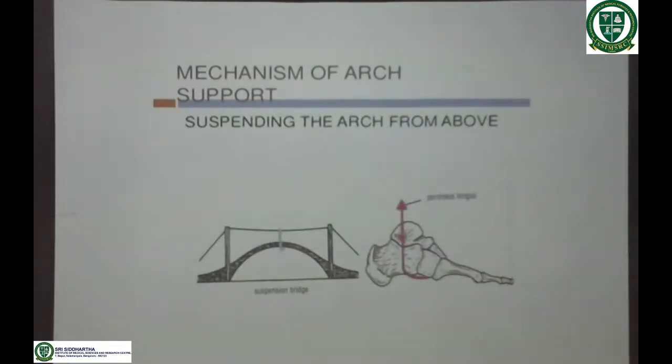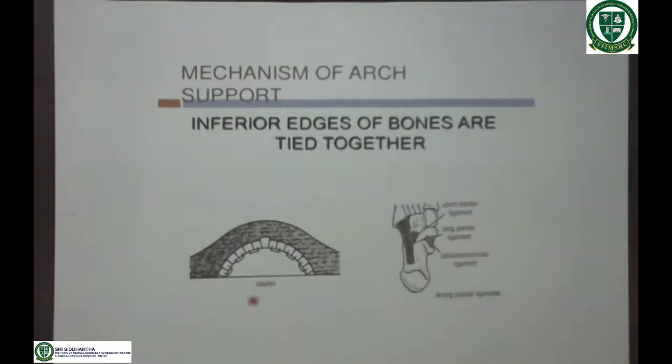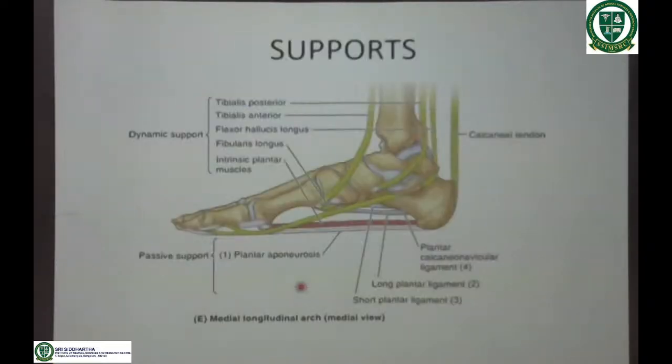Then the slings, then the staples, the intersegmental ties, then the tie beams. These are the main factors which support the arch. You should know the names. Then we'll see the structures.